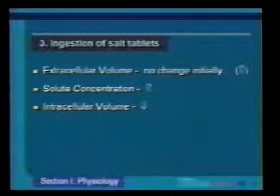Now, the next example is one that they could test, and this would be for those individuals who really understand the theory here. The third example is a very discriminating situation. Suppose they ask you the consequences of ingesting some salt tablets.